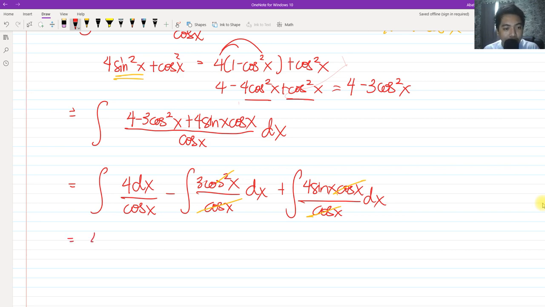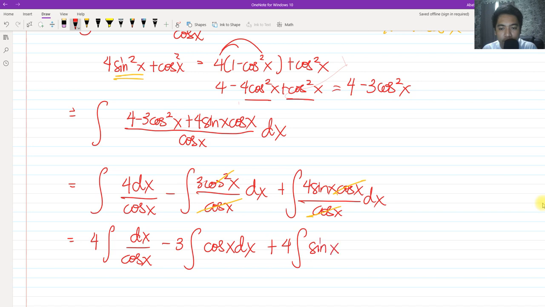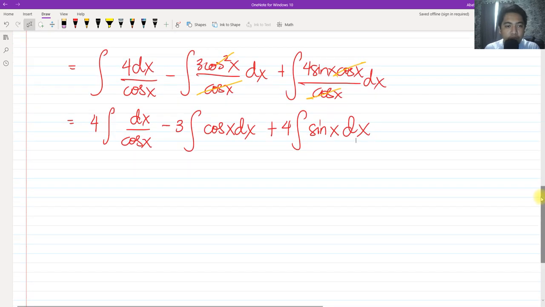So we can factor out 4. We have dx all over cosine of x minus we have 3 outside of the integral sign. Then we have cosine of x dx plus we have 4 integral of sine of x dx. All of these terms, except for the first term, are readily integrable.